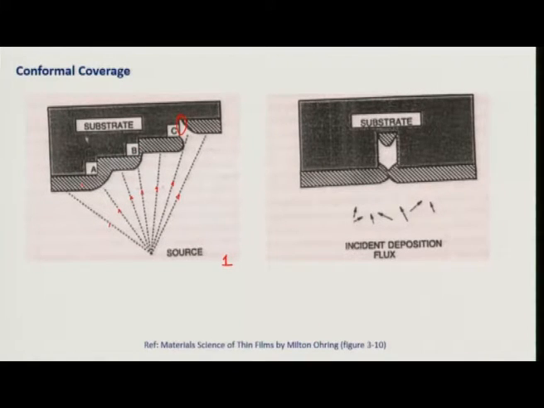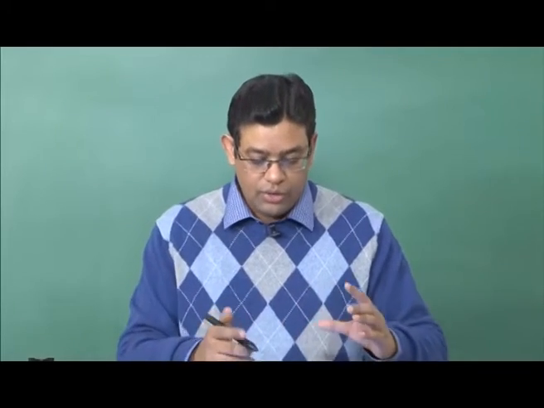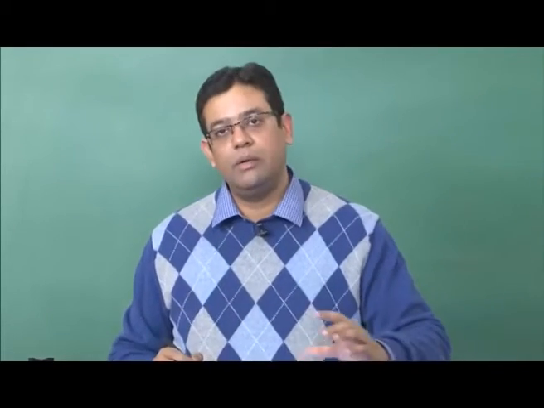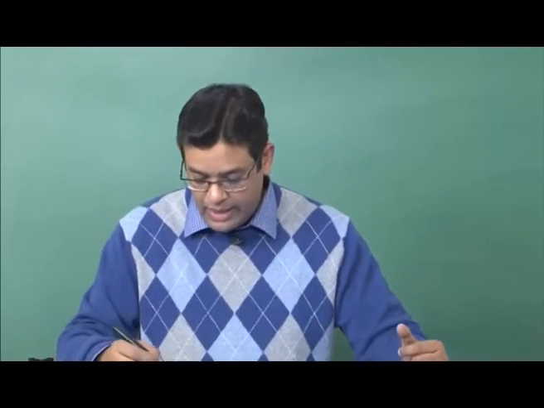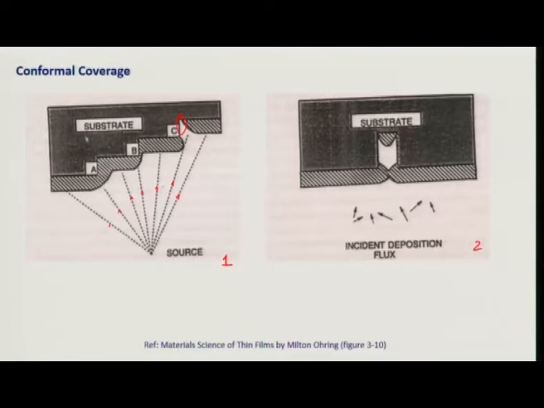Okay. Many times we have these surface features of high aspect ratio. So, these kinds of things become a problem. Another problem, as you can see in figure number 2, is that if you have a high aspect ratio via or hole in your substrate which you want to fill with metal, which is very often required in the semiconductor industry when you make contacts. Okay.